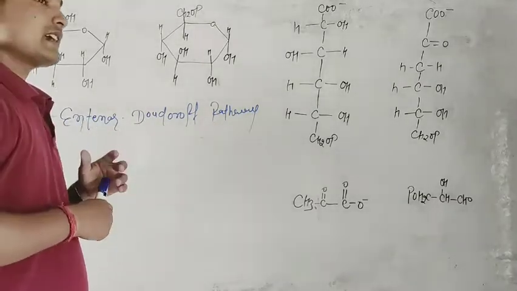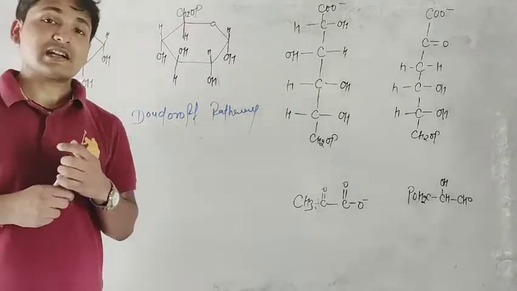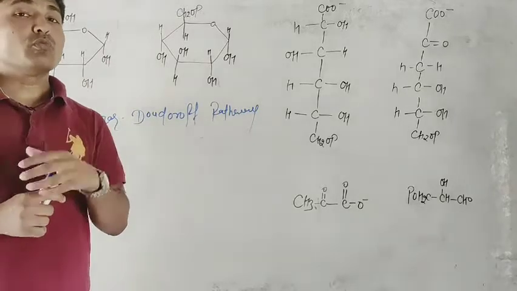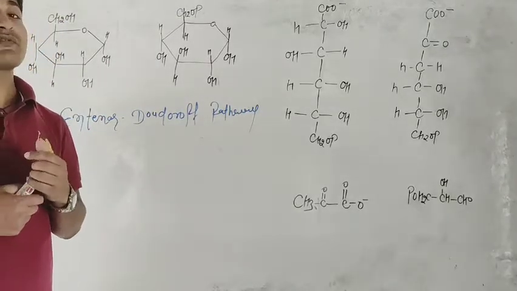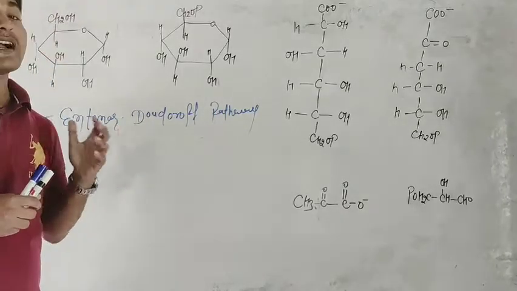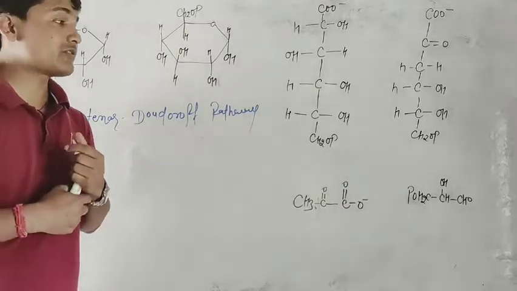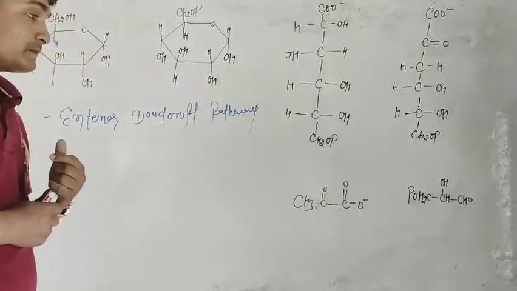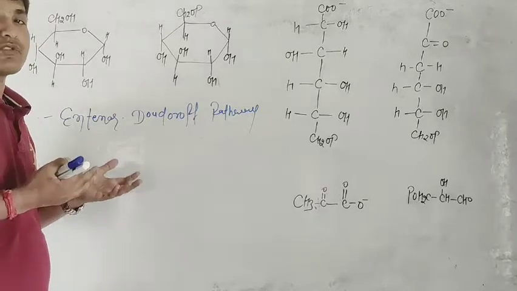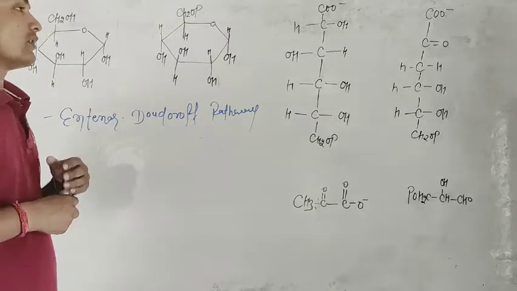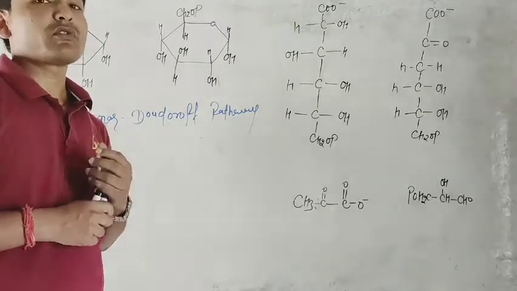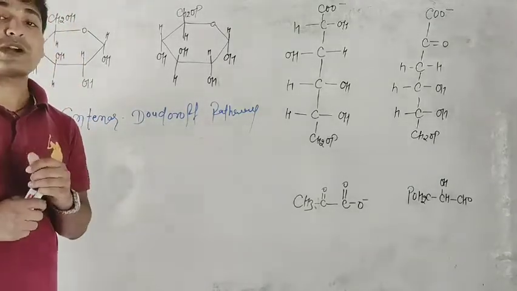A sequential 11 steps of reactions occur in the glycolytic pathway, where 2 moles of pyruvate are synthesized from 1 mole of glucose. But the Entner-Doudoroff pathway is only 3 to 5 steps of reactions, in which 1 mole of glucose forms 2 moles of pyruvate molecules.